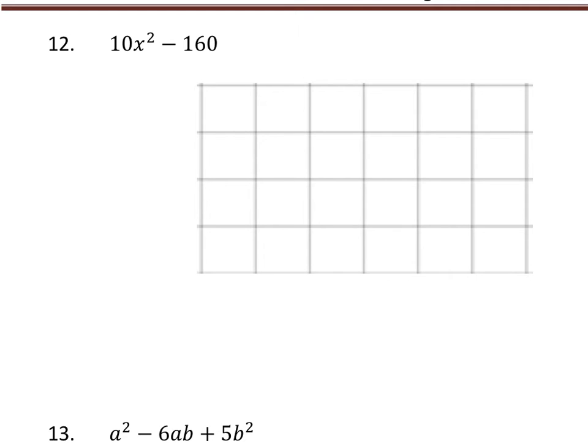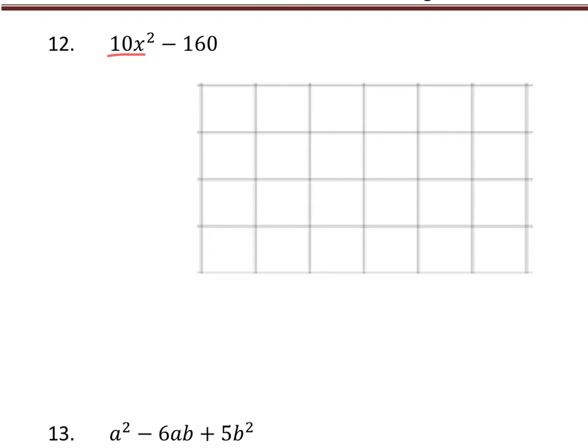Here we have what appears to be a binomial, and in fact is a binomial, but keep in mind that it is possible that your binomial is still the result of multiplying two other binomials together to get it. We'll still follow the same process. First thing we'll look for is the greatest common factor.